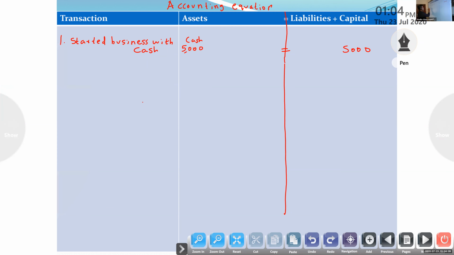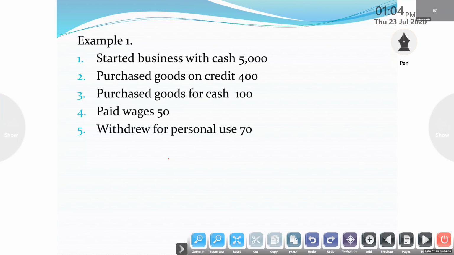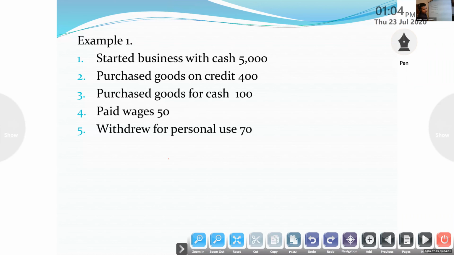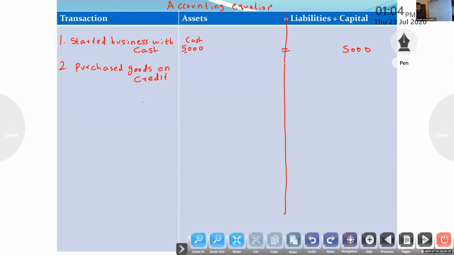Next question: purchased goods on credit, 400. So second, you have to write purchased goods on credit. The amount is 400. Femina, purchased goods on credit.